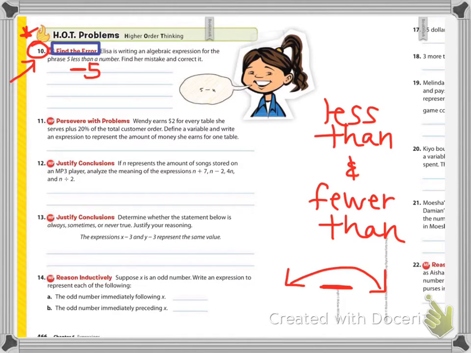And less than a number, which we're just going to call n, should move to the front. And the order matters, especially with subtraction. You must subtract and switch. So the correct answer should be n minus 5. She put them in the wrong order. Okay, once you've copied this down, move on.